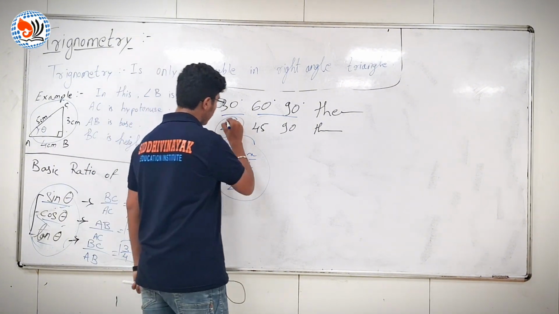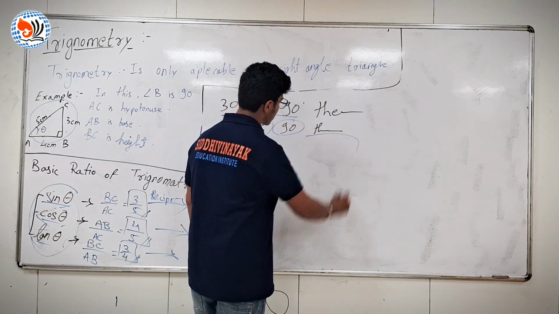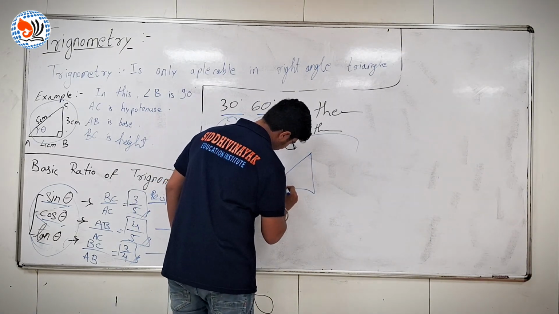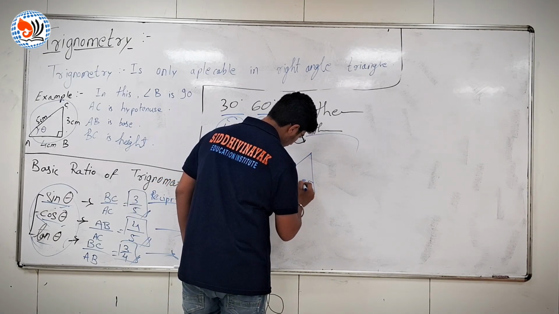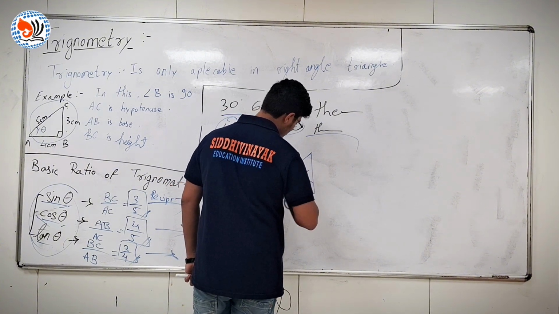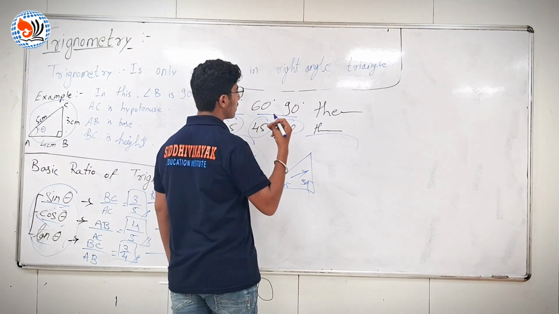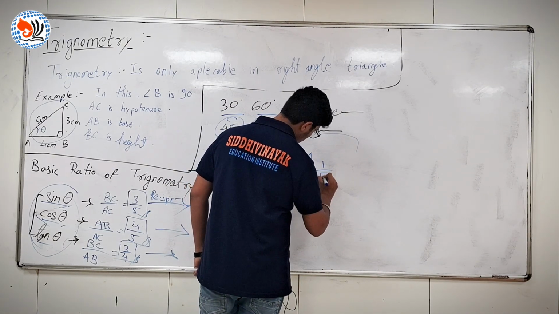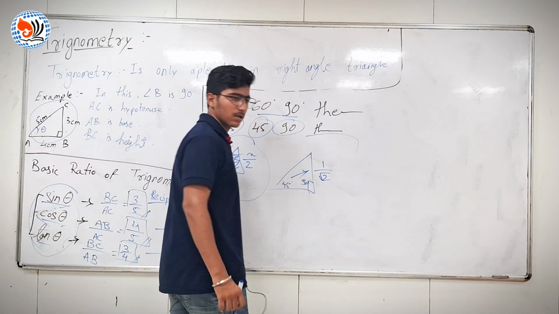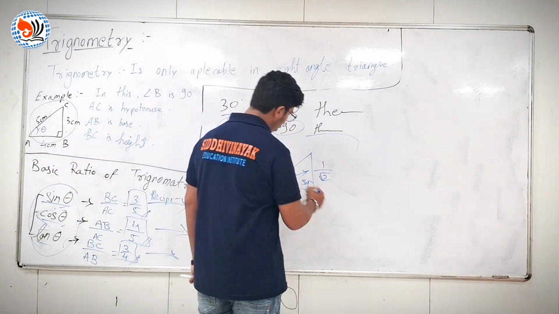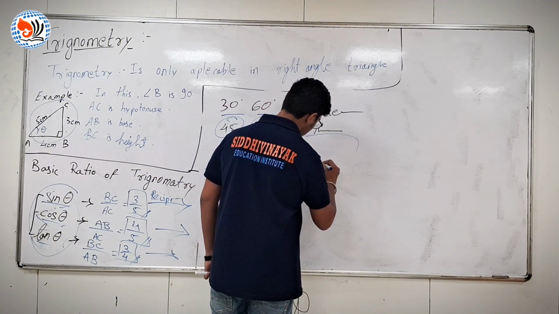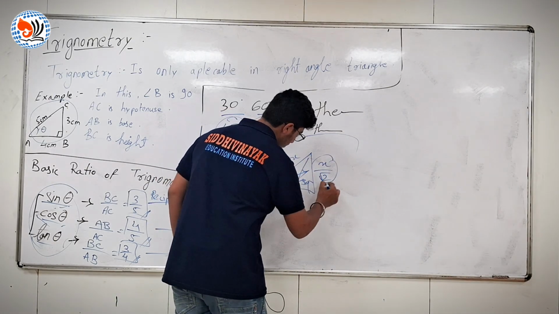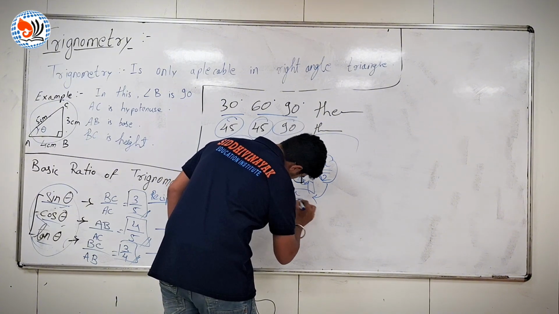Now what does the 45, 90 degree theorem say? The sides opposite the 45 degree angles will be 1 by root 2 of x, means x divided by root 2, and the other side opposite will also be equal to this, x by root 2.